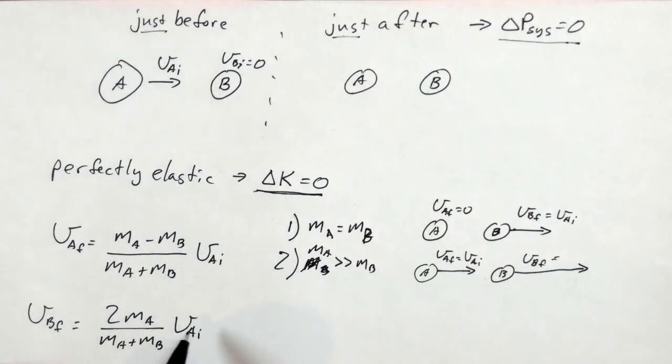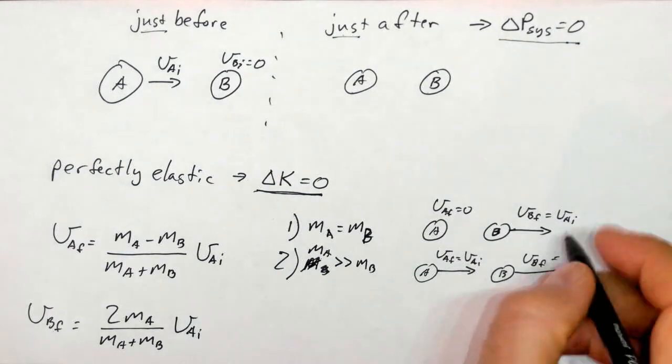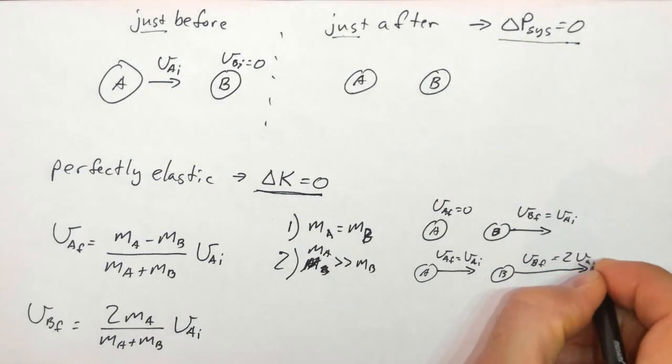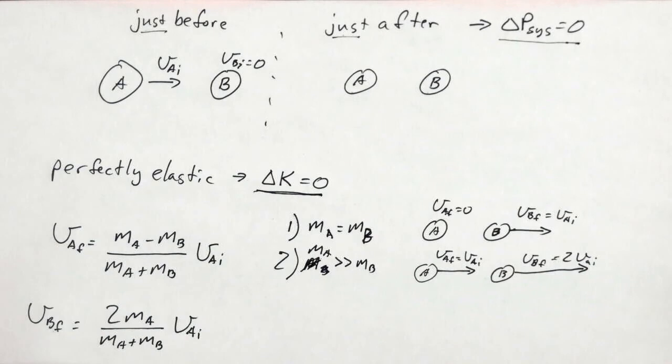So what it says is that not only is it faster, it's twice as fast. All I'm left with is this 2. So VB final equals 2 times VA initial. The 2 I wasn't able to guess just from making an intuitive guess, but I knew it should be faster. And here the theory says it should be twice as fast.